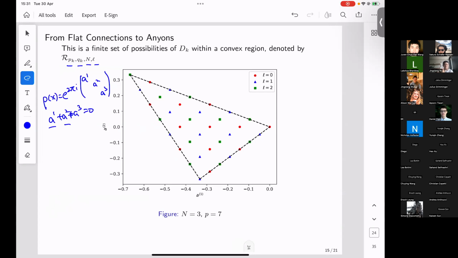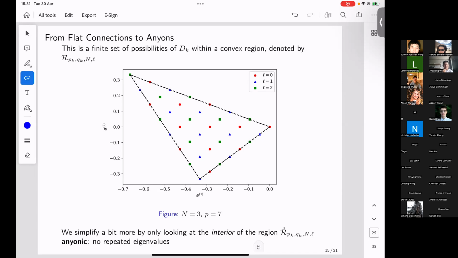Okay, now we have this. Here is the definition of anionic. I want to make a simplifying assumption that I'm only interested in the ones that are inside this complex region. On the boundary, I would call them non-anionic. Just as the name suggests, it's the inside that's going to give me the anyons on the other side of the correspondence.